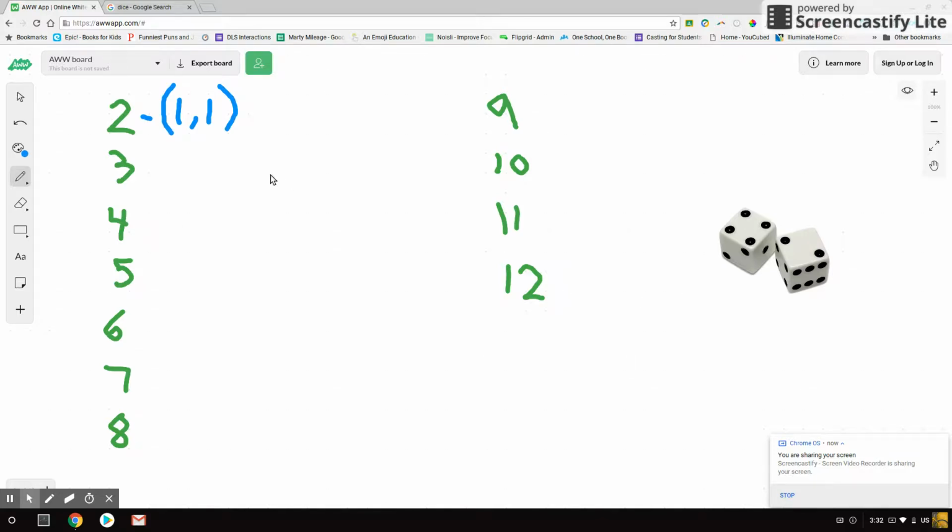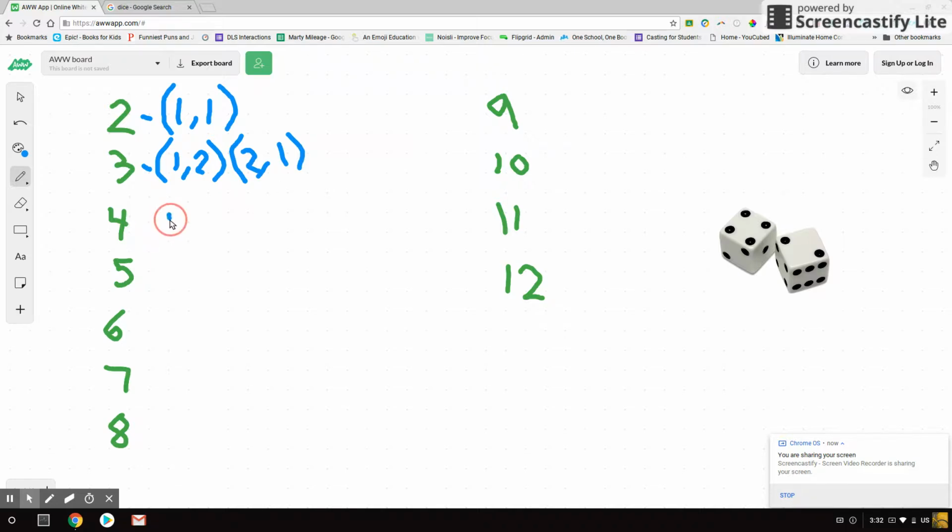If I think about the number 3, how could I roll 3? I could get 1 on the first die and 2 on the second die, or I could get 2 on the first die and 1 on the second die. So I have 2 different outcomes that could get me the number 3. What about the number 4?